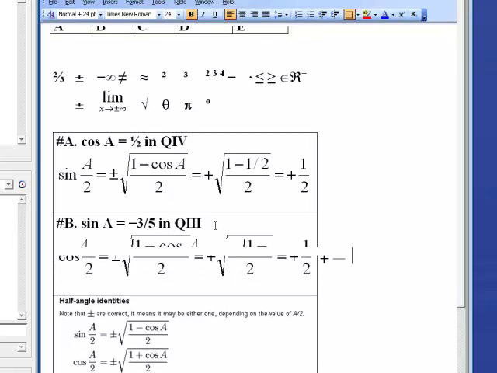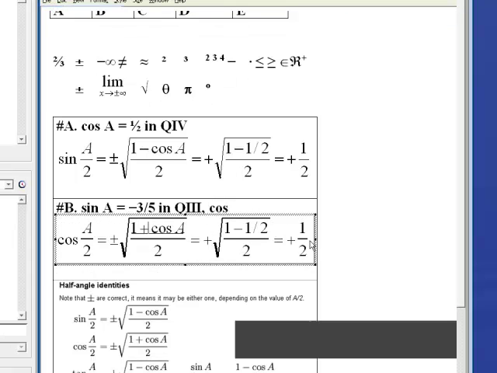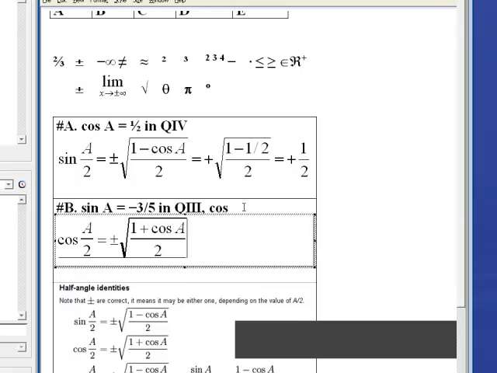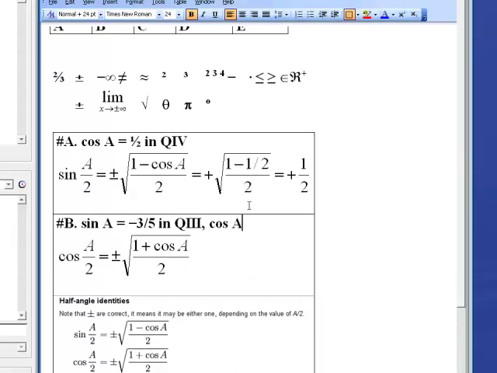Well, we're in quadrant 3 with the sine A equals -3/5. That means that cosine of A in the same quadrant, 3, also is negative, and it has to be -4/5.